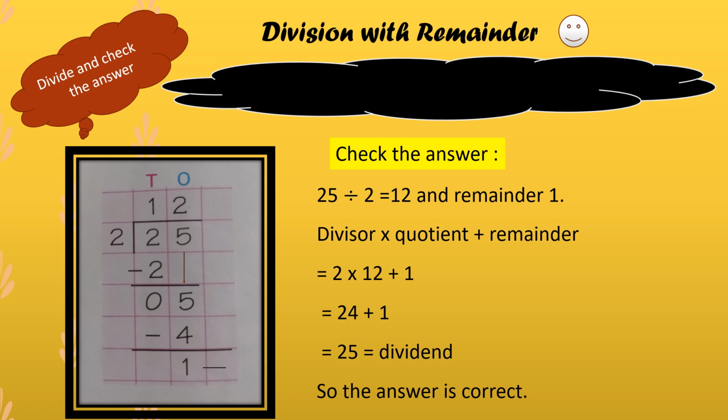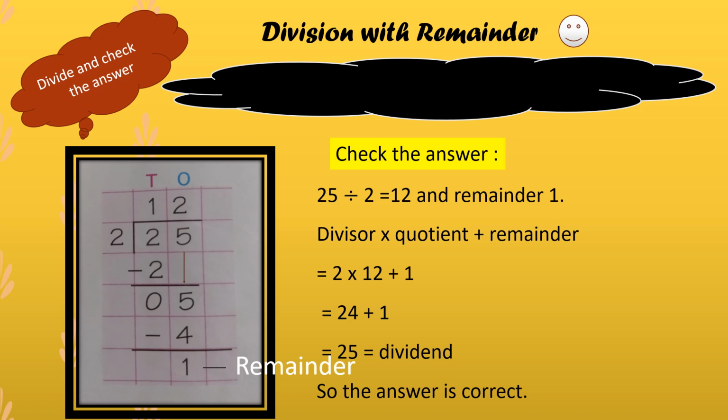Means our dividend must be greater than the divisor. Isn't it? Then only we can do the division. So 1 is remaining here. So what is this one called? Yes, 1 is the remainder. It is called remainder because this number is remaining after doing the division. So this is the way to do division with remainder.